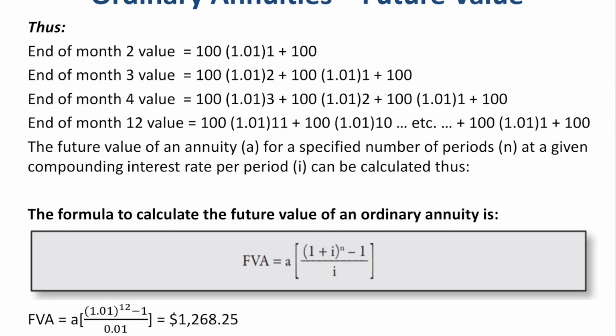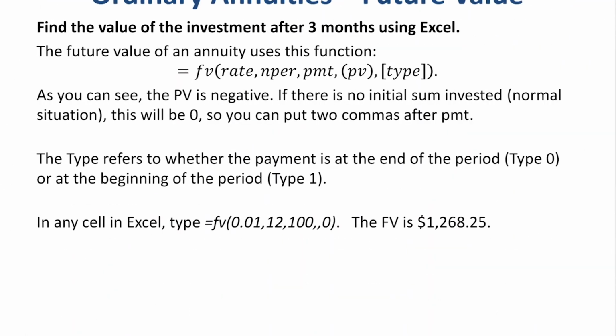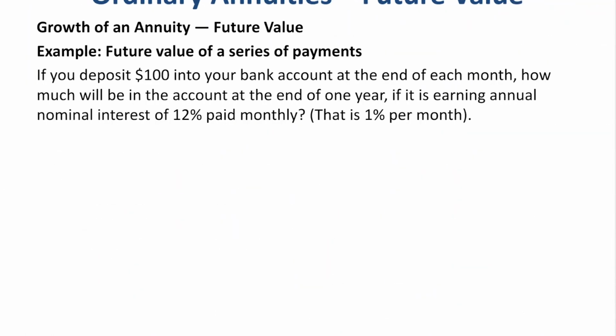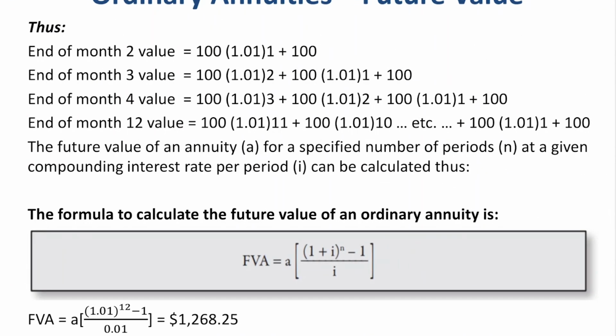Now, where do we come up with the 1% again? It's because we have 12% per annum and we are going to pay monthly. So it's 12% divided by 12, so it's 1%. Okay, so by formula, this is the answer.